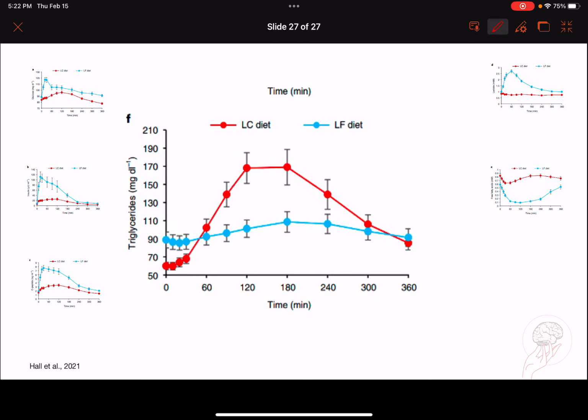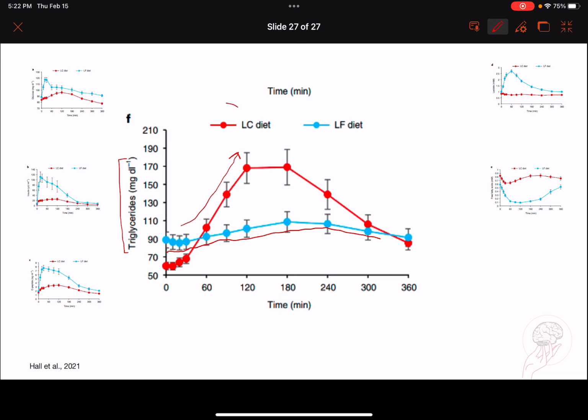And last but not least, in the low carbohydrate diet, we see much higher serum triglycerides. But we don't see an increase in serum triglycerides in the low-fat diet.